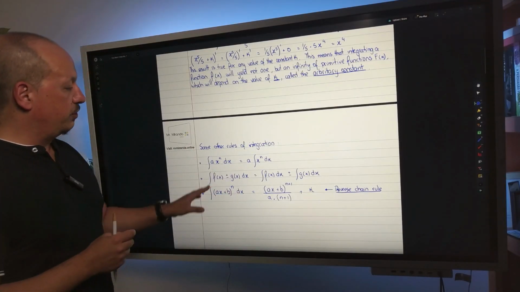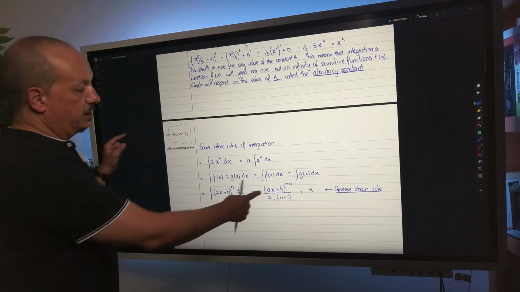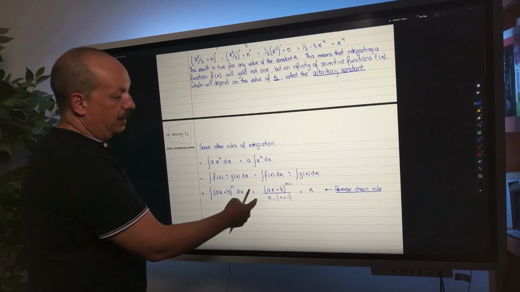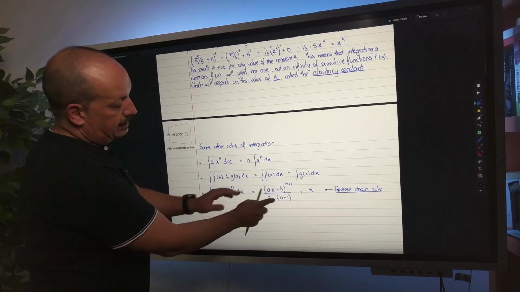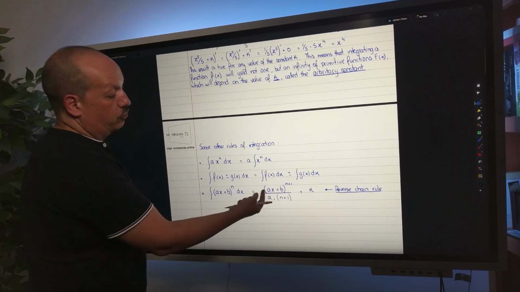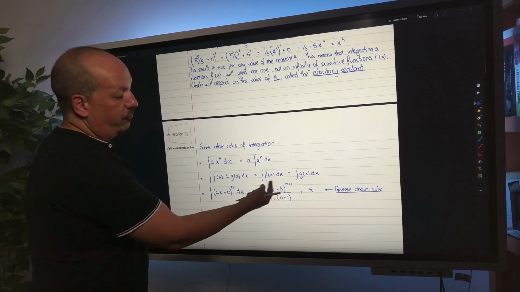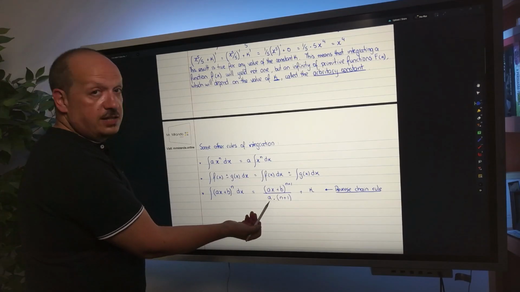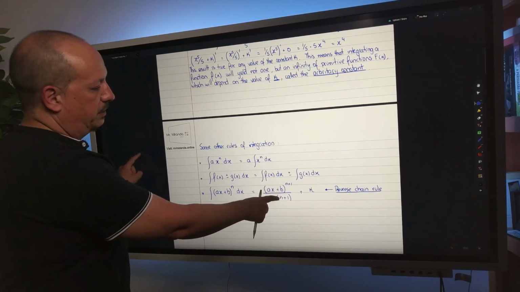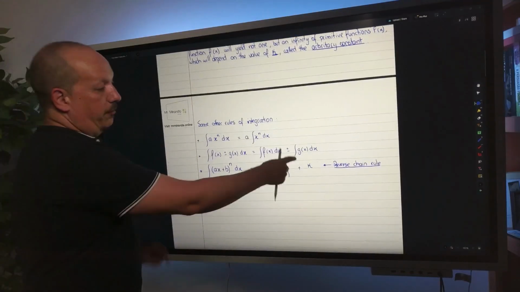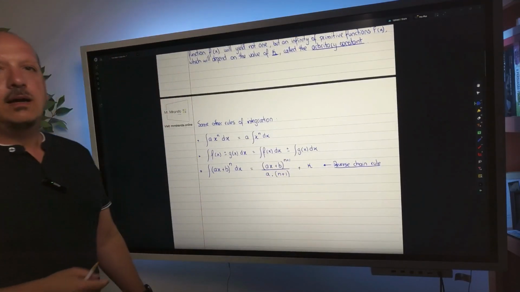If you are to integrate this, the result is going to be (ax plus b) to the power of n plus 1, divided by (n plus 1) times a. What is a? a is the whole function over here differentiated, the part that you have inside the brackets, which is just a. See how similar this is to this? Okay. Obviously, plus k, the arbitrary constant.